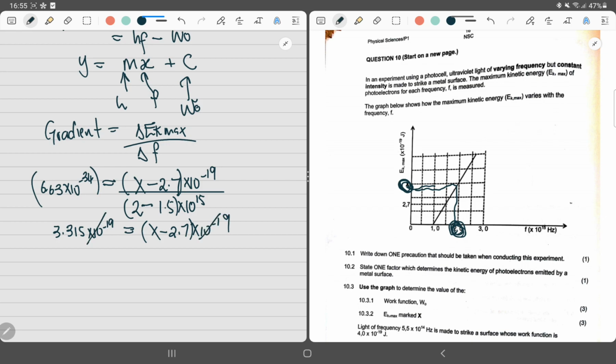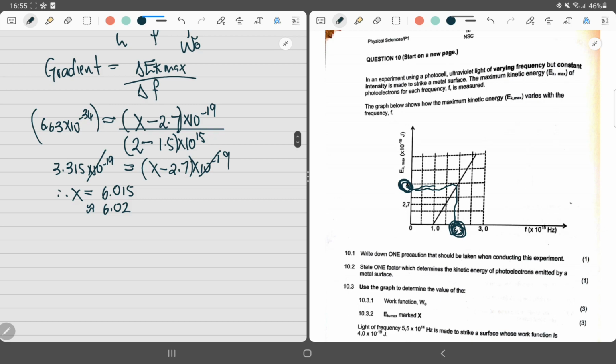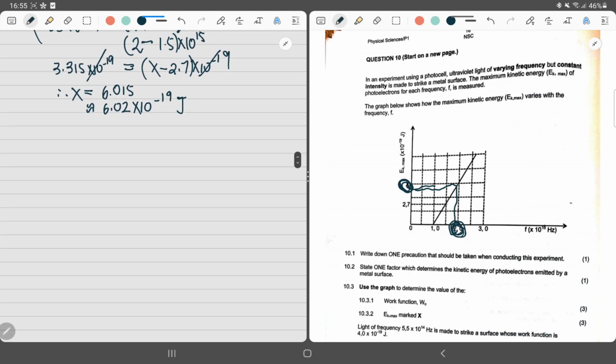Therefore, X should be equal to 6.02, and the units are times 10 to the exponent of negative 19 joules.